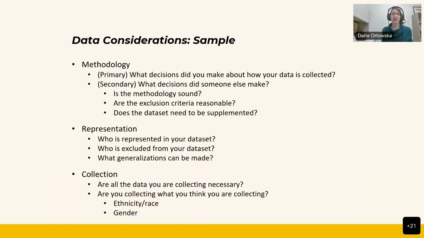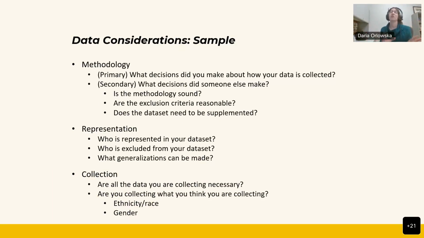The other thing that I want you to consider is your sample in general. So your methodology, what decisions did you make about how your data was collected? If you're collecting your own data or if you're reusing someone else's data, what decisions did they make? Can you figure out if their methodology was sound, if their exclusion criteria was reasonable, or if something needs to be supplemented?